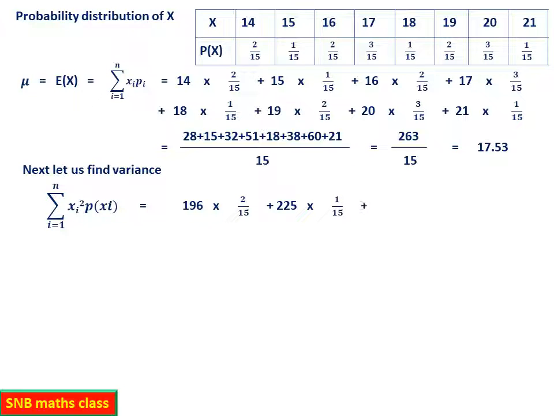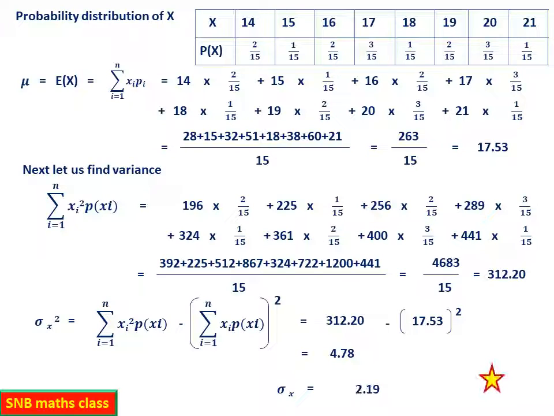So 15 square is 225 into the corresponding probability 1 by 15. 16 square 256 into 2 by 15. 17 square 289 into 3 by 15. Then 18 square 324 into 1 by 15. Next 19 square, that is 361 into 2 by 15. Then 20 square 400 into 3 by 15 plus the last one, 21 square, that is 441 into 1 by 15.